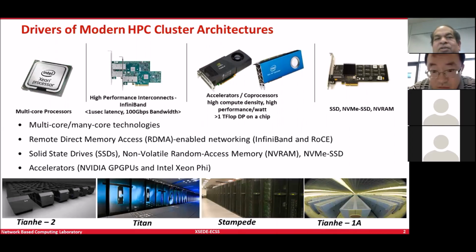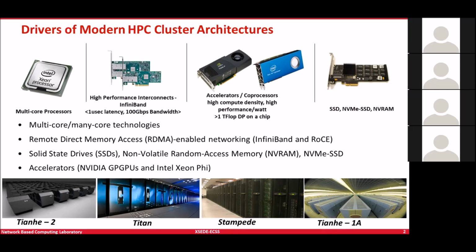As most of us know, if we take a look at all the modern HPC clusters, starting from Stampede at TACC to Tianhe-2 in China, Tianhe-1A, and also Titan, broadly we see these are commodity clusters consisting of multi-core and many-core technologies.